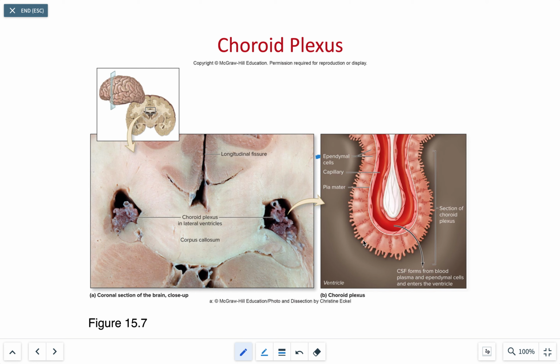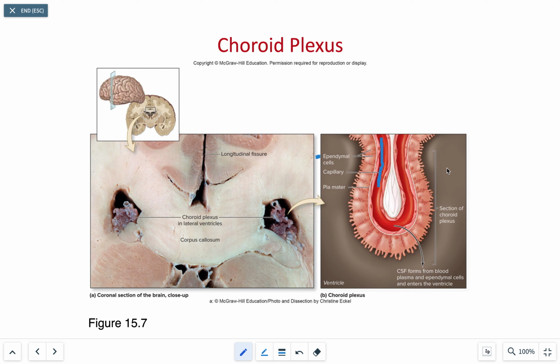You can see the ependymal cells have a series of microvilli or cilia located on the outside. So the process would be, as the red blood flow is coming through, or red blood cells or the erythrocytes, we would see the plasma being pulled out, the ependymal cells then transferring that into what we consider to be the cerebral spinal fluid.